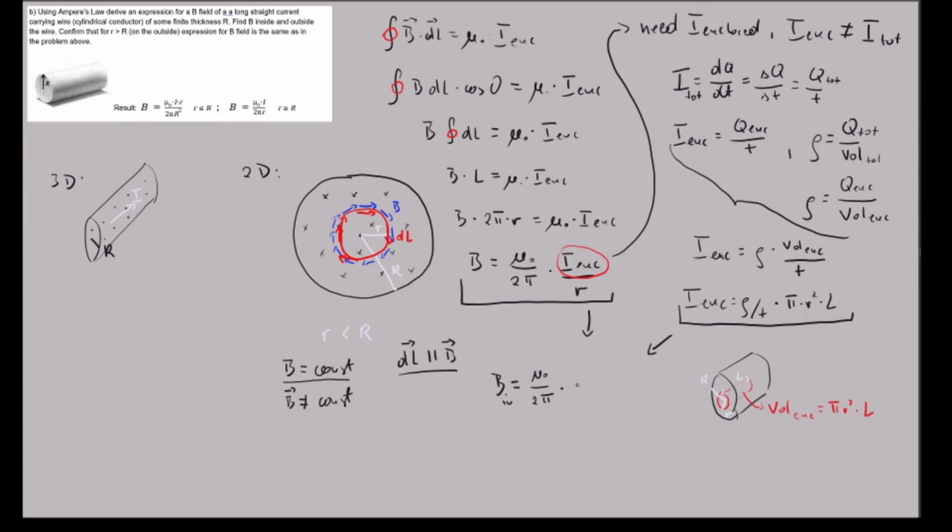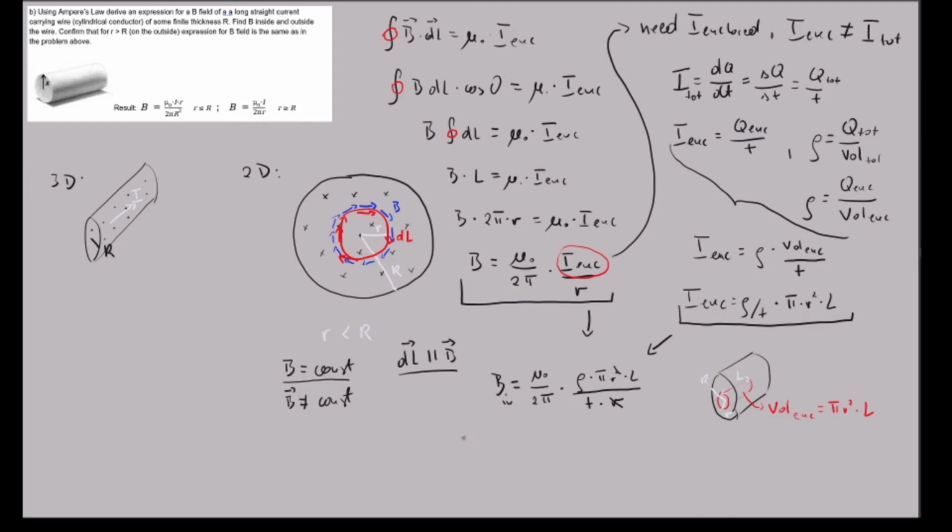So what I have is rho for the density times pi times r squared times L divided by time, times R. Yeah, I think I got all of the pieces. So that takes care of this.